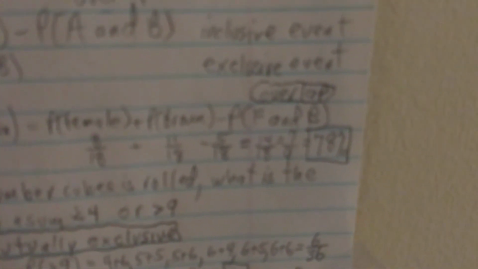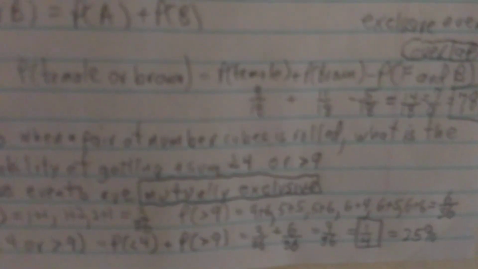So we have 8 plus 11 minus 5 is 14 over 18, or 7 over 9, which is 78%.